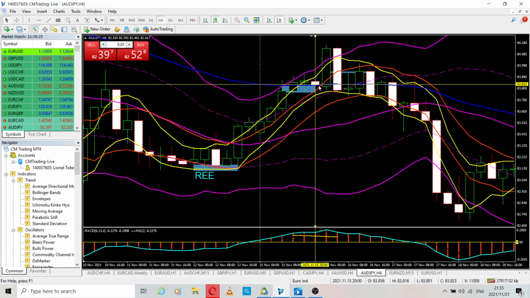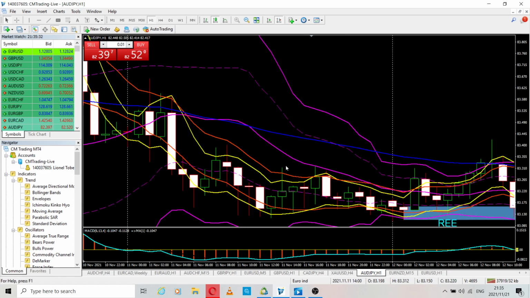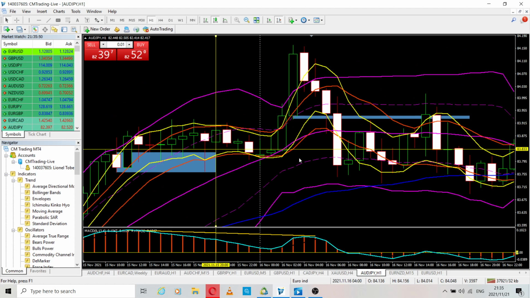It means we have a re-entry and the extreme on 4 hour. Then on 1 hour, what you want to see is an MLV or an extreme. All these things must happen when the 4 hour candle closed, which is when that daily candle closed as well. They happen simultaneously.